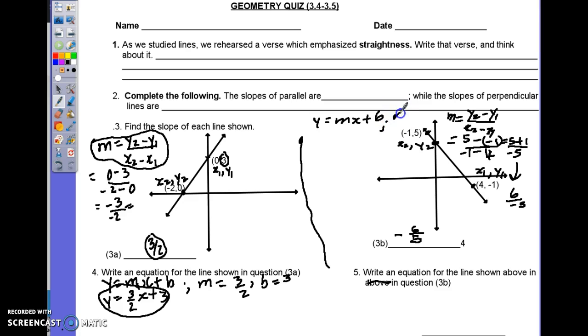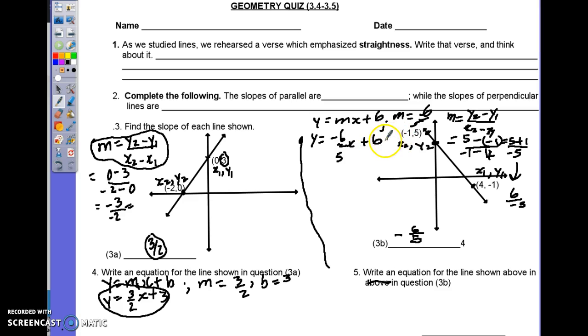We know the slope is -6/5. So we write y equals -6 over 5 x plus b.